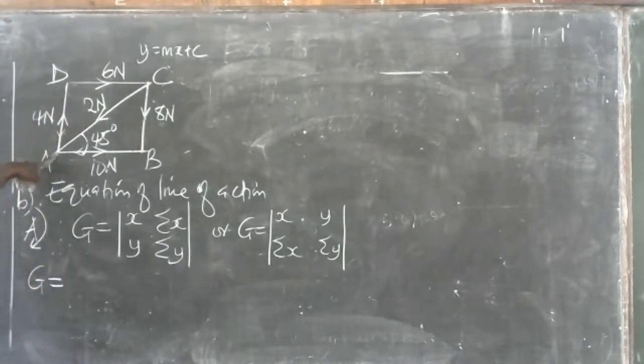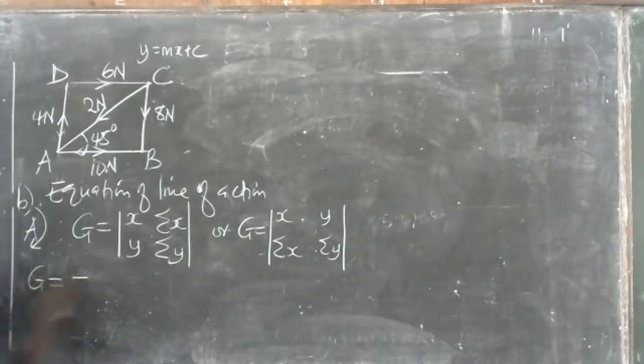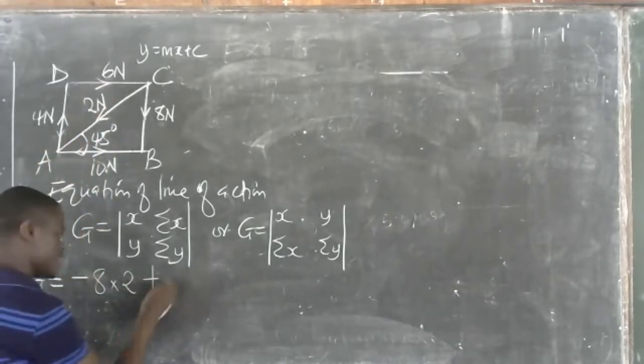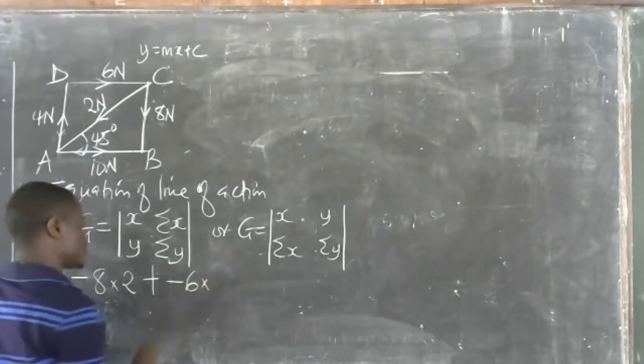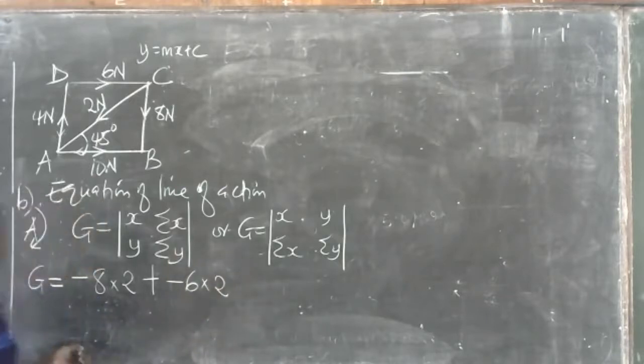But since this is a square of side 2 units, that means we have the same perpendicular distance. So the moment of 8, being clockwise, negative, force times perpendicular distance, which is 2, plus the moment of 6 Newton's force, negative because clockwise, times the perpendicular distance, which is again 2 units.